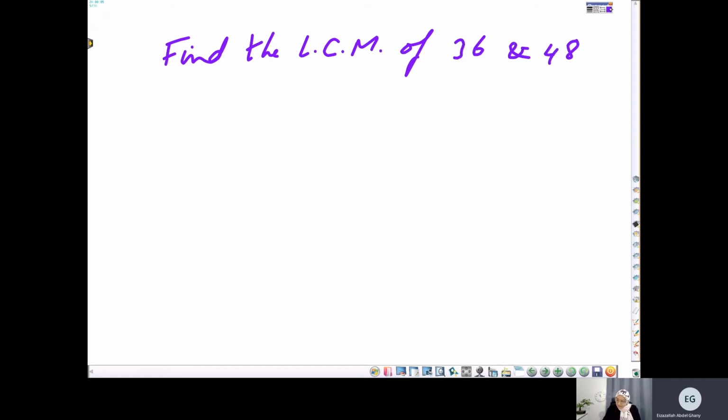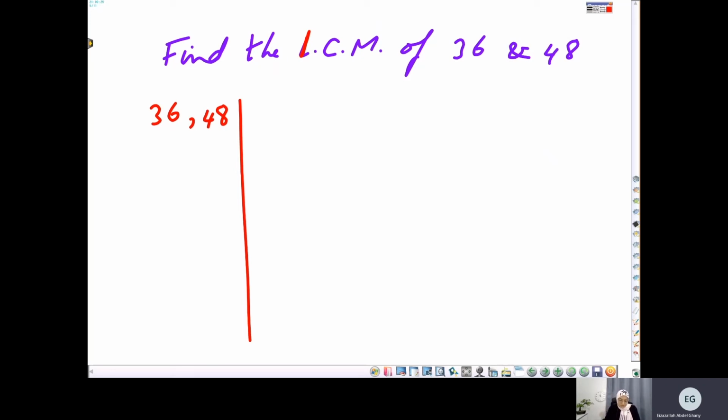Now we need to find the LCM of 36 and 48. I'll ask you, the letter L has how many sticks? Only one. So you make one stick and you write both numbers with a comma in between. If they are 3 numbers, you write them beside each other with commas in between.